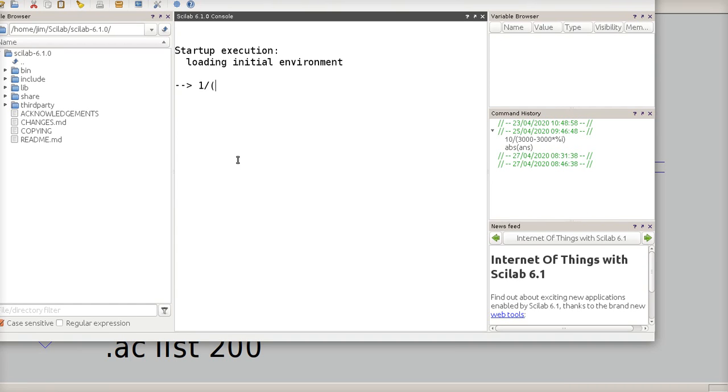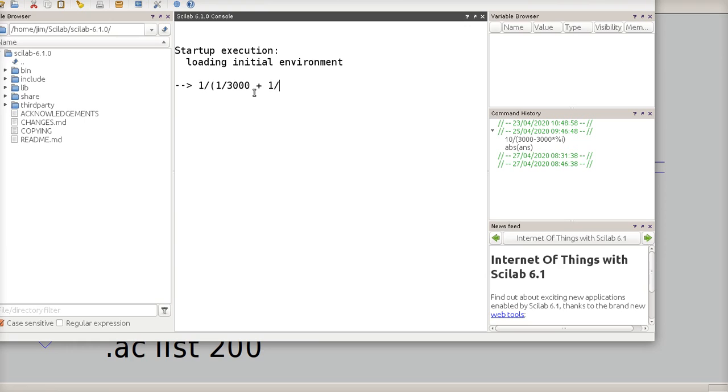So I'm doing 1 over opening, and my first component is a resistor, which is just its value, 3,000. So this is 1 over 3,000. This would be my Z1. It's just a resistance, just like what we would have in DC. And then I'm going to do a 1 over.